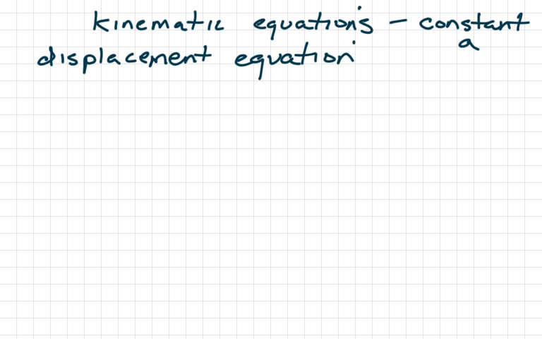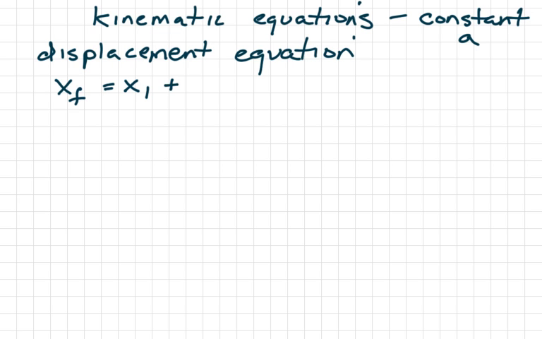These cannot be used with an acceleration that is changing with time. So the displacement equation is x final equals x initial plus v naught, which is v at t equals 0, times time, plus 1/2 acceleration times time squared.